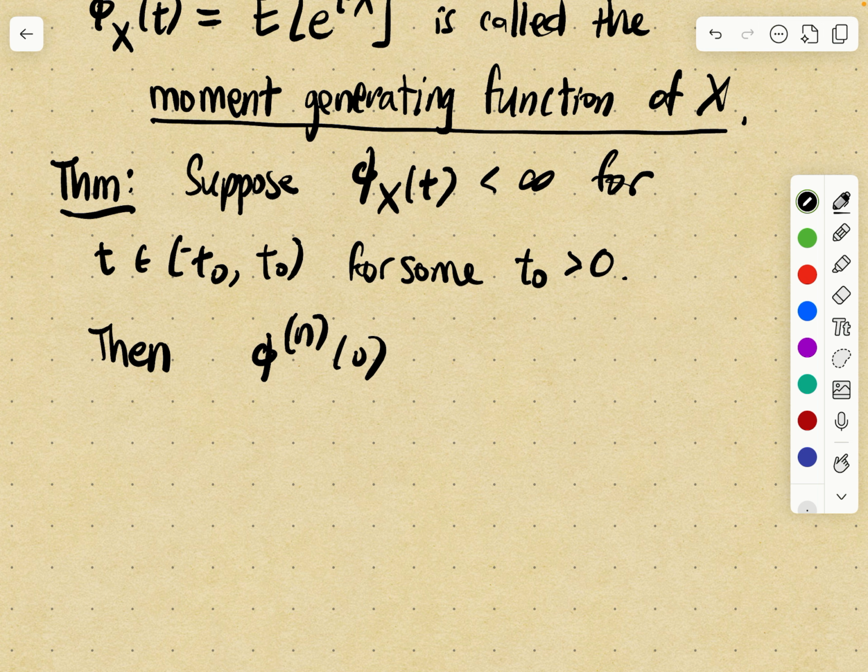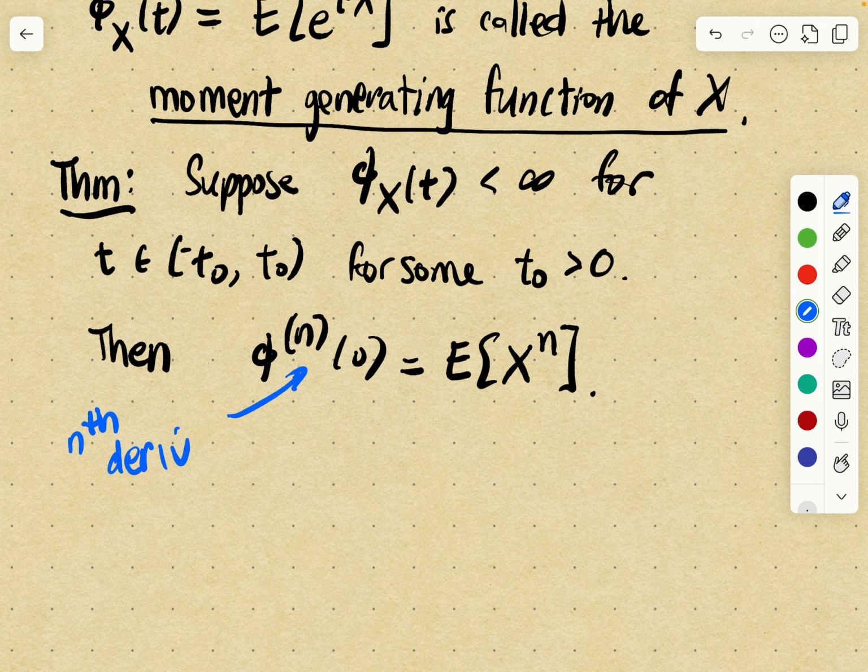We're talking about the nth derivative evaluated at 0. That number is the nth moment of x. Okay. So let's write on the side, this means the nth derivative of phi.